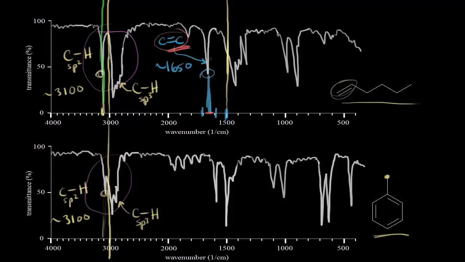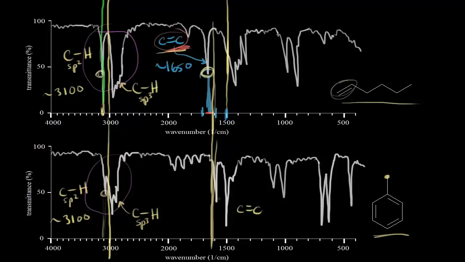So the double bond region right up here, if this is 1600, that's for this one. I'm going to draw a line down here, and let's try to connect the 1600s like that. And let's think about what happened. Here's the signal for the carbon-carbon double bond. When you're talking about an aromatic carbon-carbon double bond stretch, that usually shows up lower than 1600.